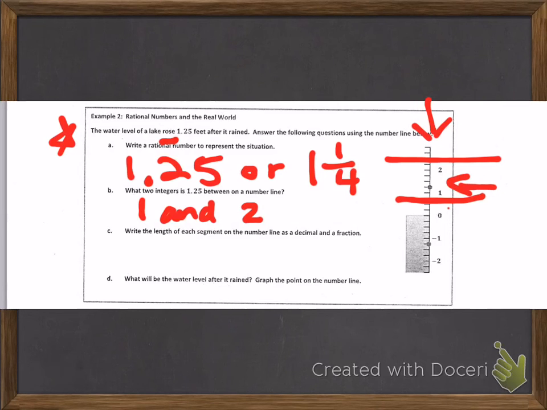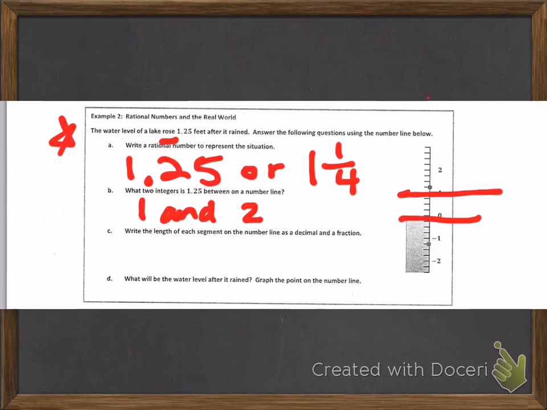Now C: Write the length of each segment on the number line as a decimal and a fraction. So it's asking for the segment. Remember, segment means the space between them. We're going to look at the whole numbers here and determine, from 0 to 1, how many spaces are there? It's 1, 2, 3, 4.